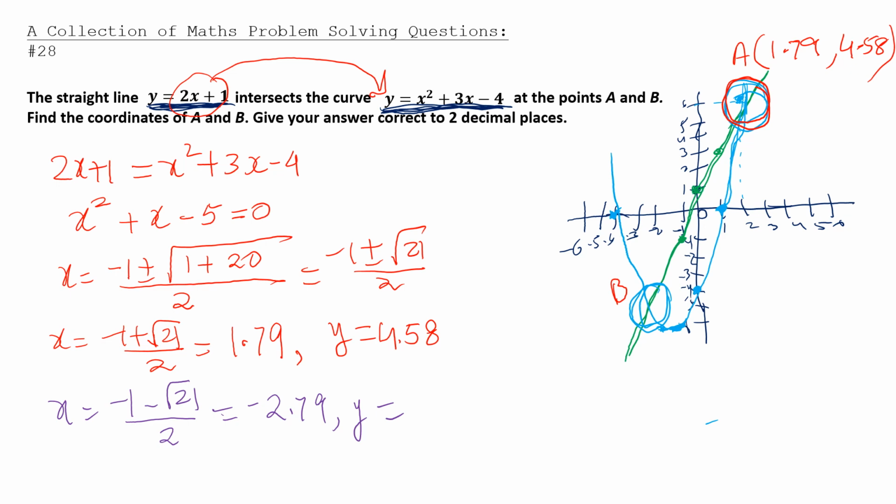That would be minus 4.58. So this point B is minus 2.79 and minus 4.58. And that's my answer.